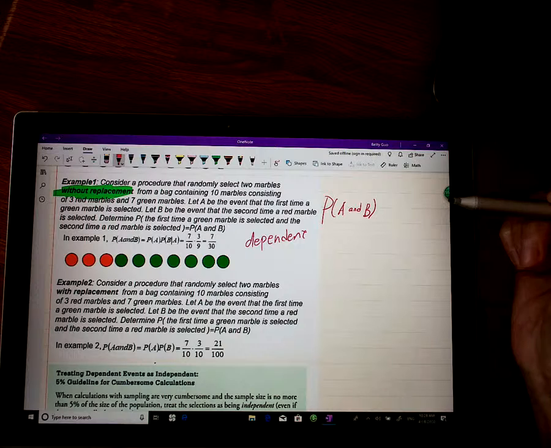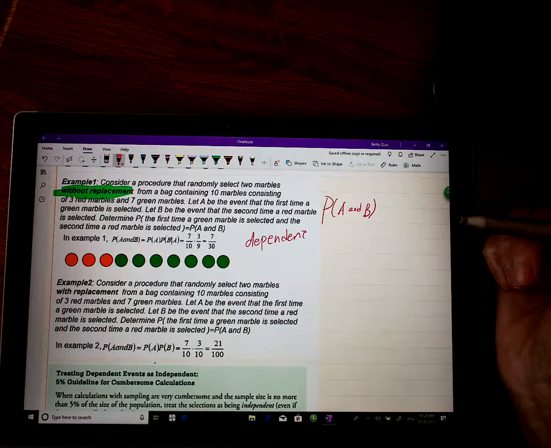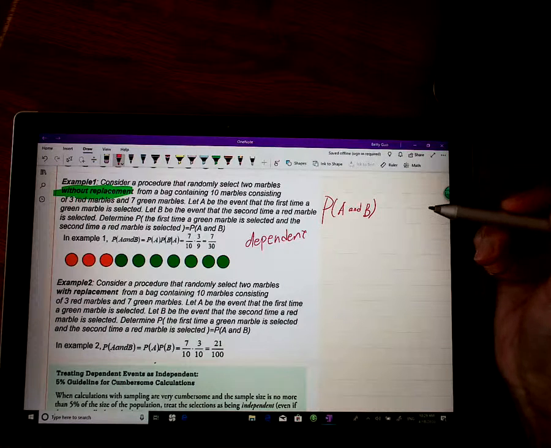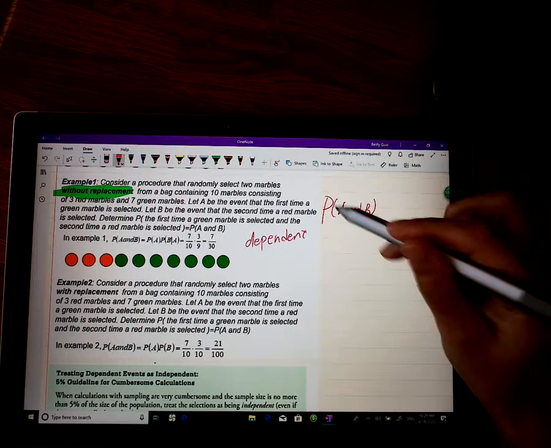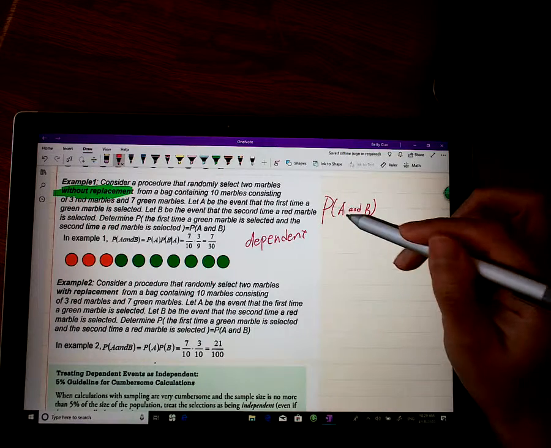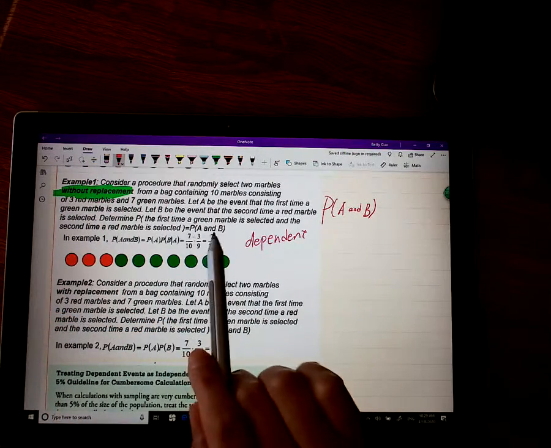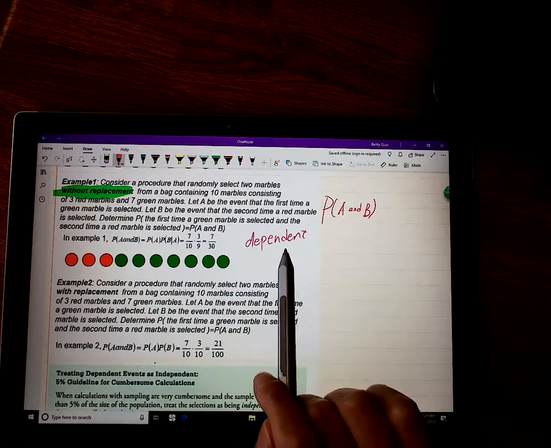We are looking for the chance, the probability that the first time you get a green marble and the second time you get a red marble. So we are looking for probability of A and B. Remember, in this case, without replacement, A and B are dependent. So what formula?